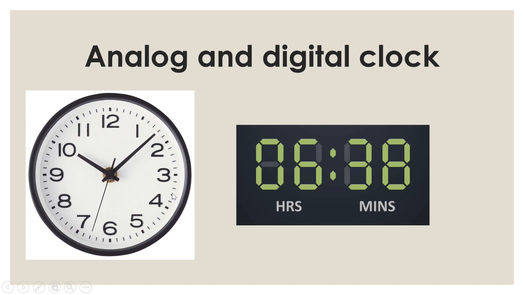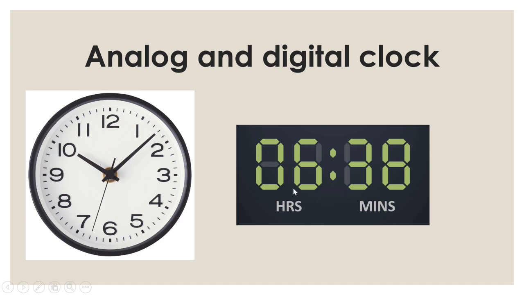This is called an analog clock. This is a clock which you see very often in railway stations or at airports. This is a digital clock. It shows time with the help of digits. Like for instance, the time shown on this clock is 38 minutes past 6.